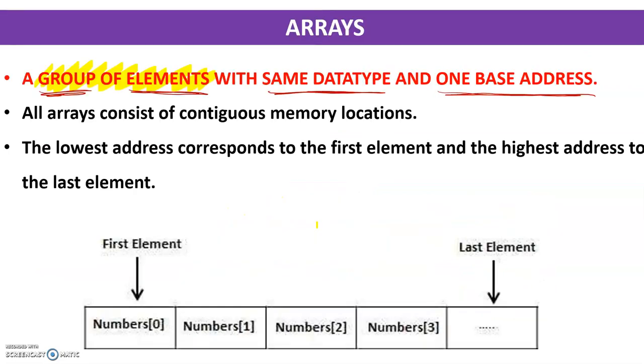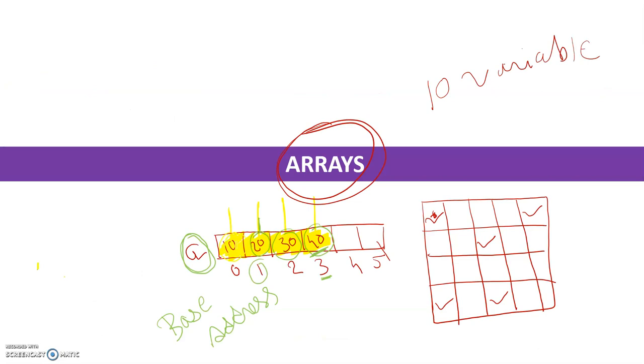So same data type is done, and one base address. One base address means to fetch any element, you need only one base address. This is your base address. So this is the concept of array.